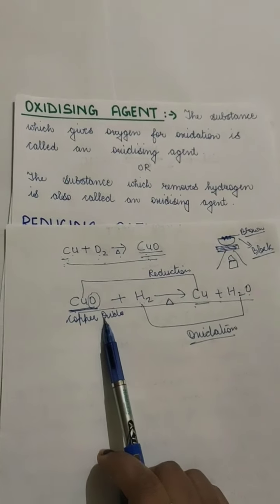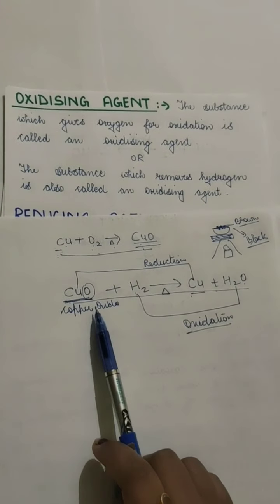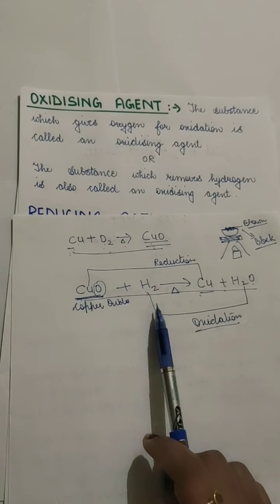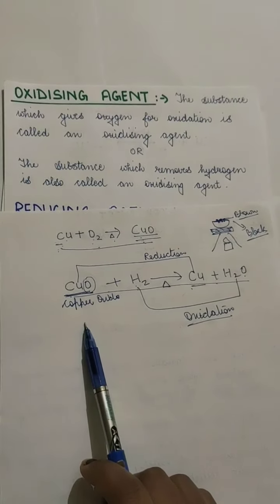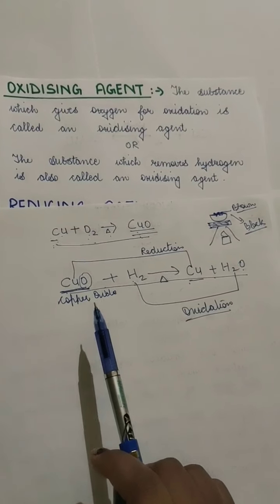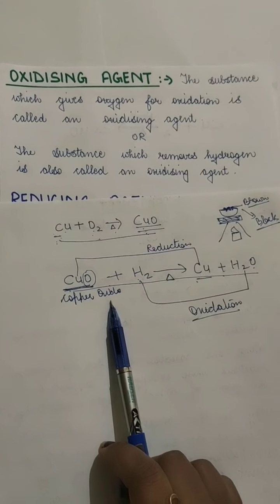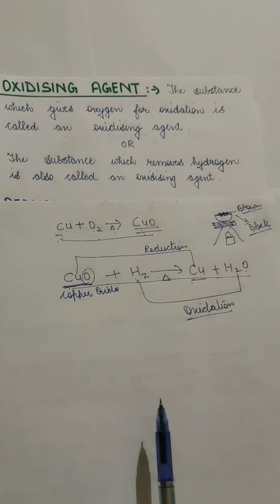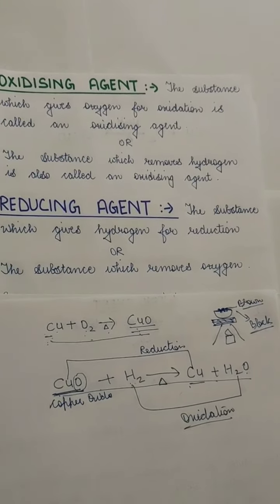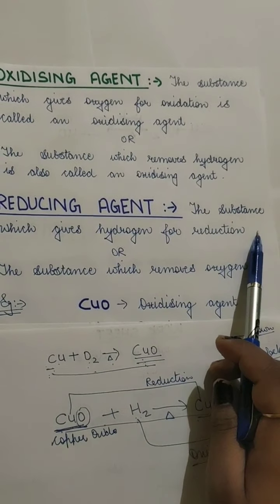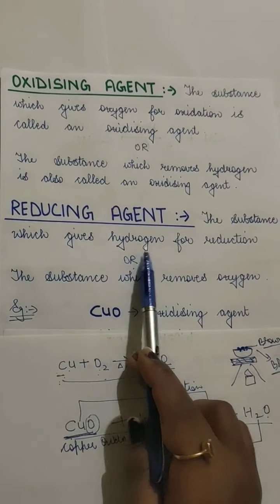Here in this reaction, we are talking in terms of oxygen, but in some reactions there is no oxygen, only hydrogen is present. In that case also, when any compound is helping to remove hydrogen, it is also called an oxidizing agent.